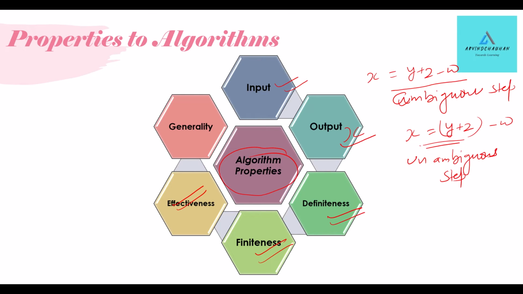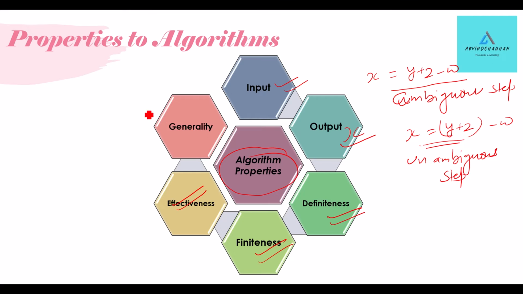That means our steps should not take infinite time, or maybe take too much time, right? So the time should be finite. So that is effectiveness. I think you have understood the difference: finiteness means our algorithm should have a finite number of steps, and effectiveness means each and every step should be executable in a finite amount of time, right?